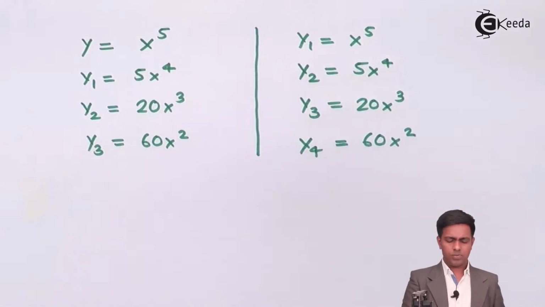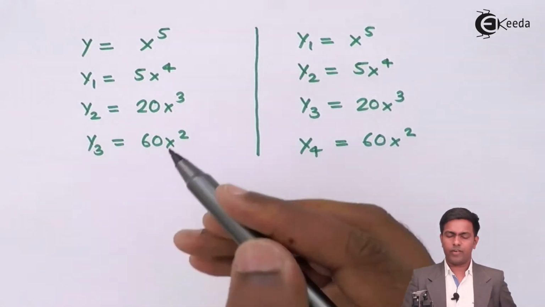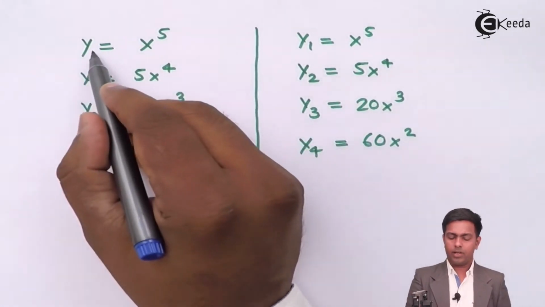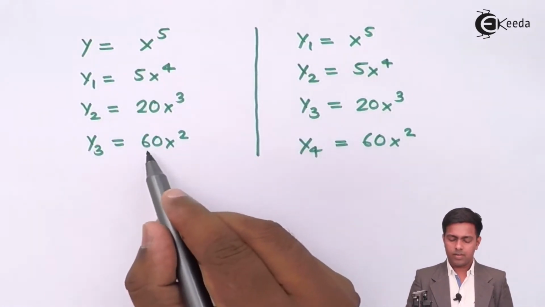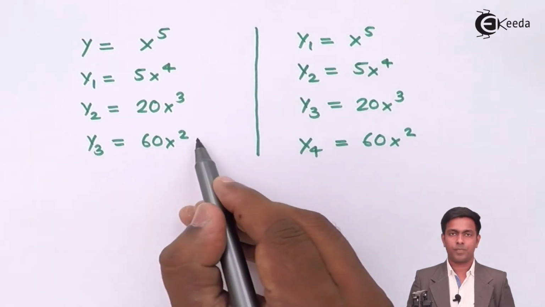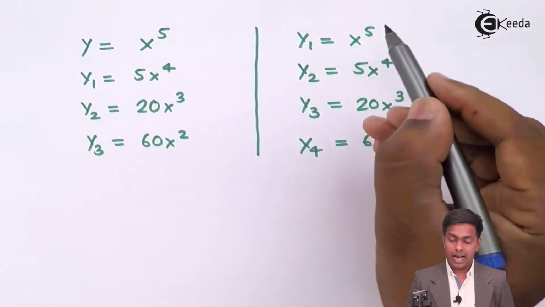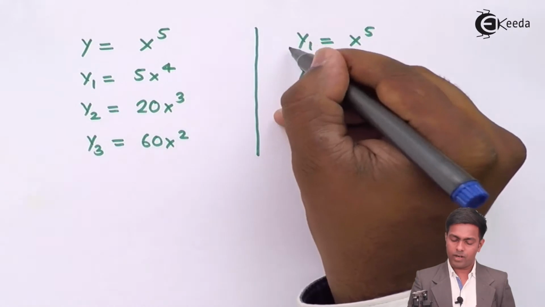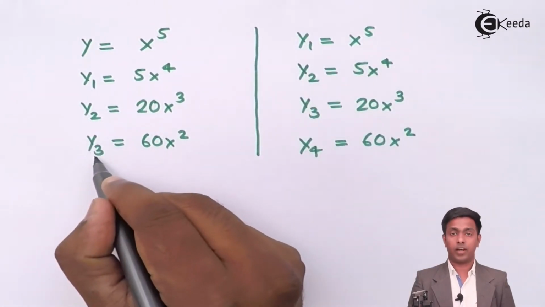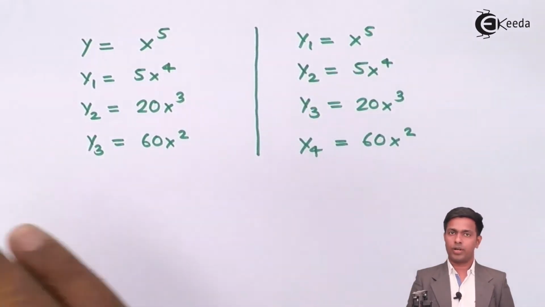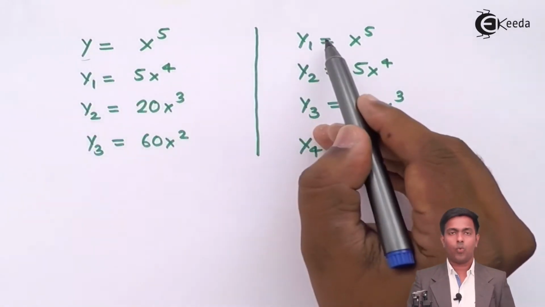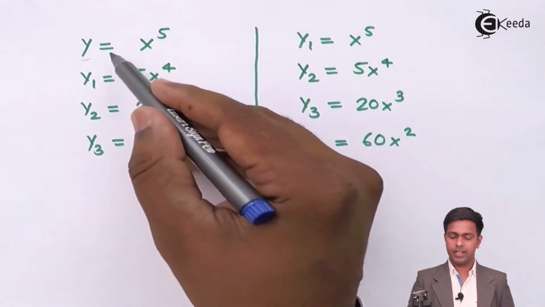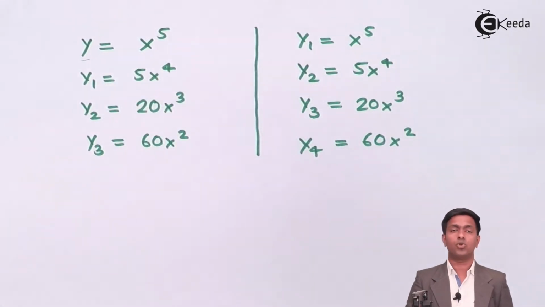Now just observe a small difference: when we started with y as x raised to 5, we got y3 as 60x square. But when x raised to 5 is my y1, the derivative got shifted by 1, so 60x square is y4. So remember, whenever your function gets shifted by one or two orders, its derivative also gets shifted by that many orders.